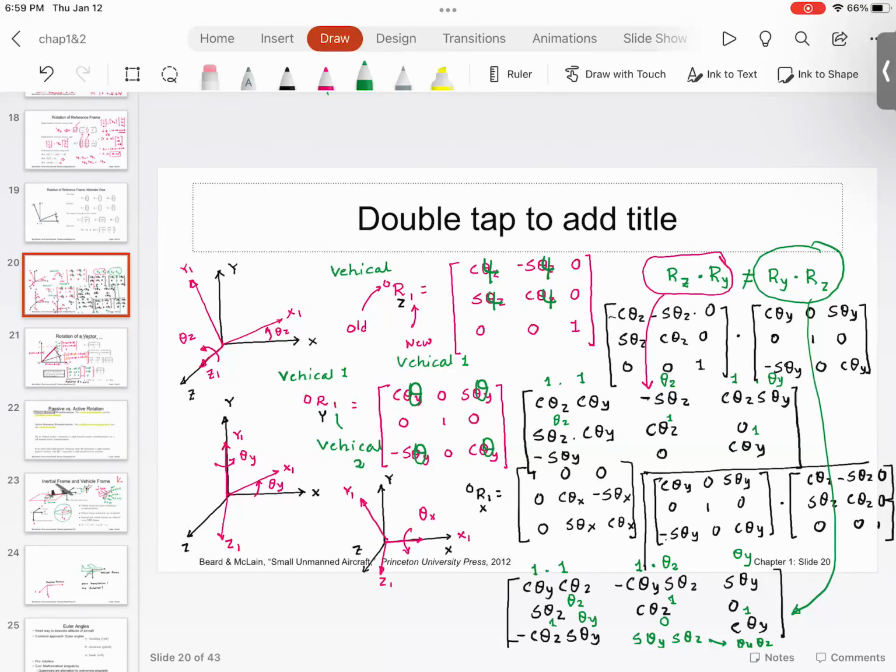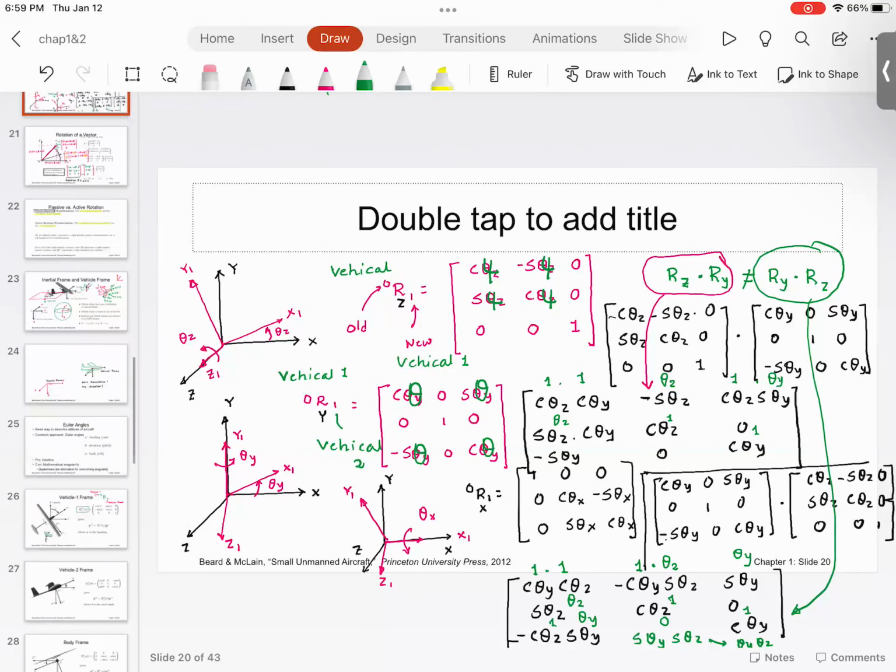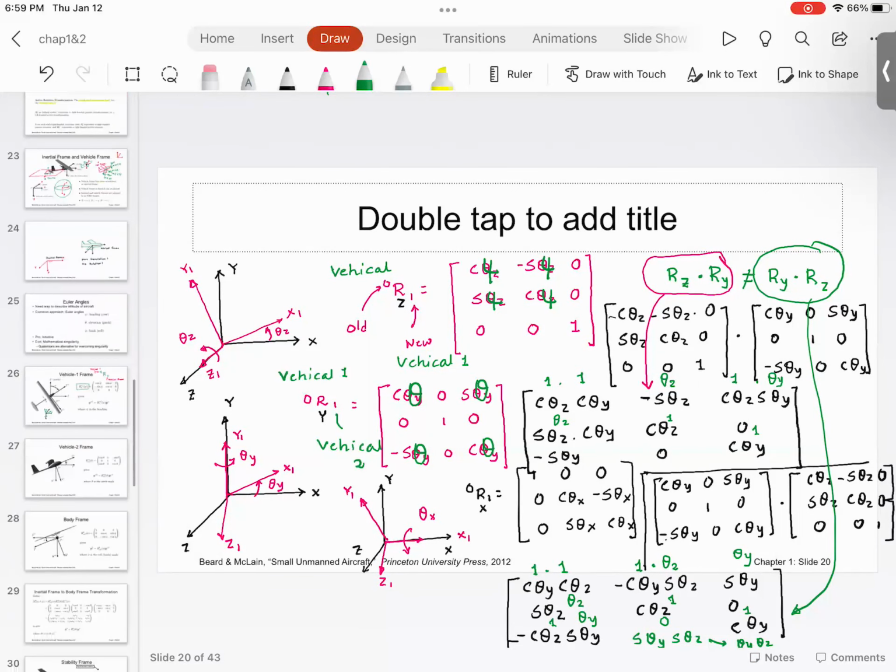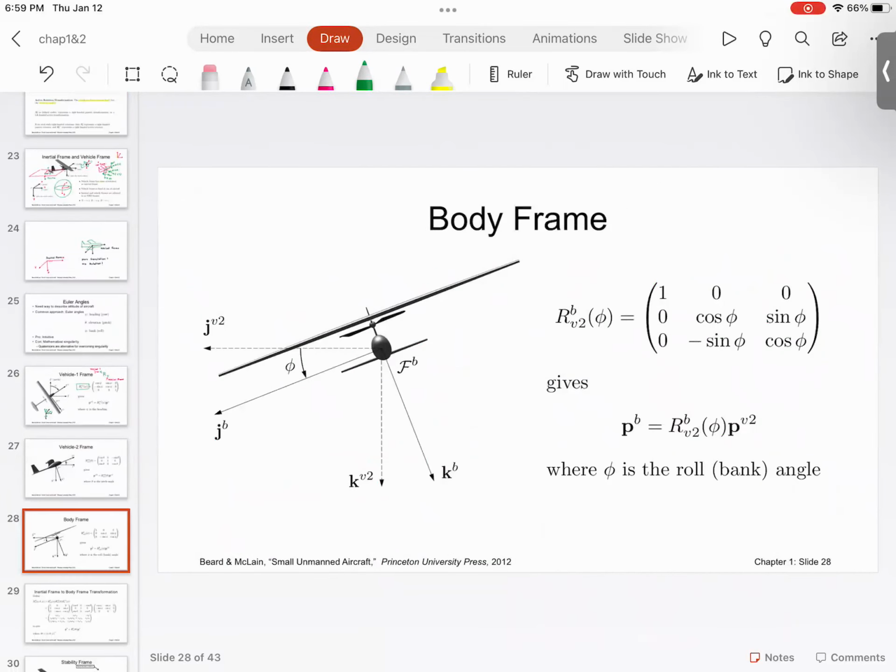So you go on to vehicle 2, then the third rotation takes us to the body of the vehicle. Vehicle frame, yaw rotation, vehicle 1 frame, pitch rotation, vehicle 2 frame, roll rotation, and now we are at the body of the aircraft.